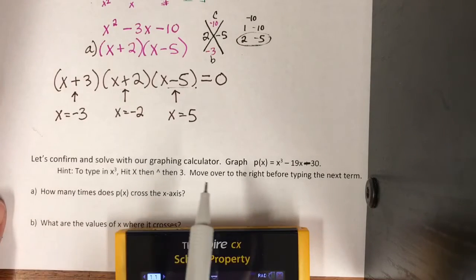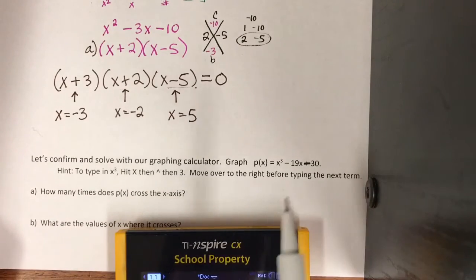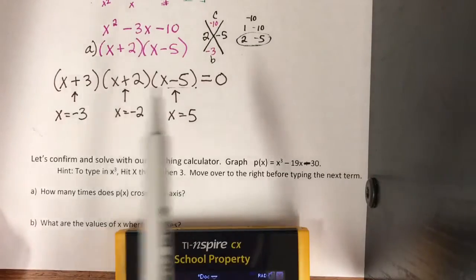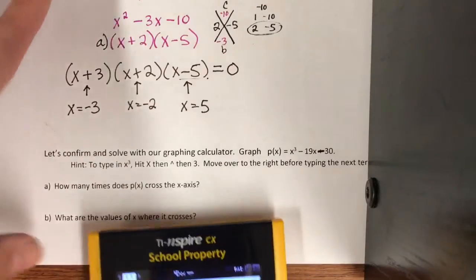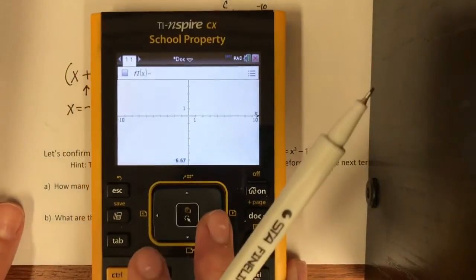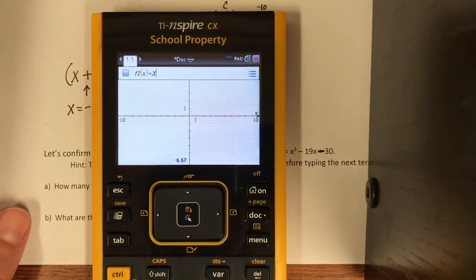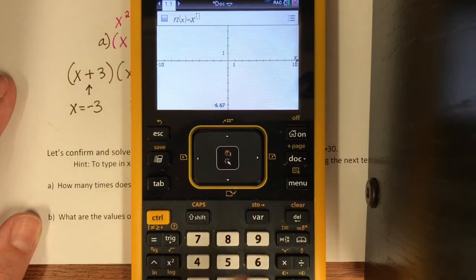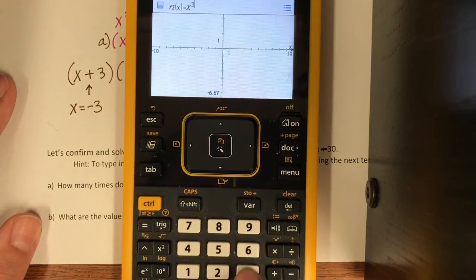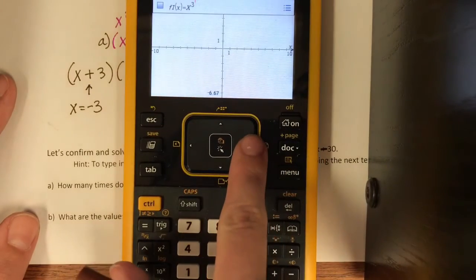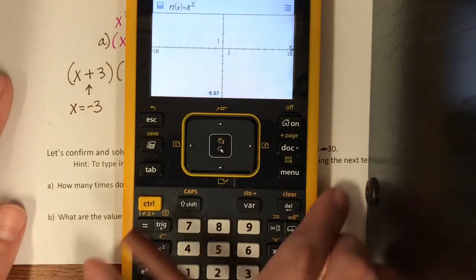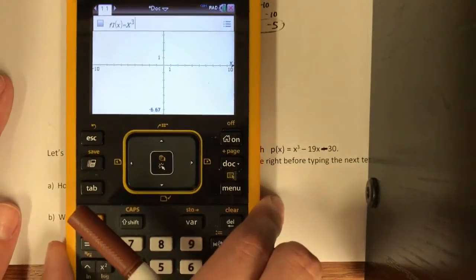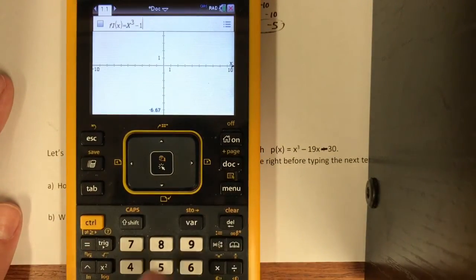So I'm going to see, was my answer correct? And this might be a good way too to actually find out what these factors would be. So let's graph that. So I've got x, and then I'm going to use this little caret, they call it, the exponent of 3. And then I need to move over so that the rest of it does not go into the exponent. So it was x cubed minus 19x minus 30.